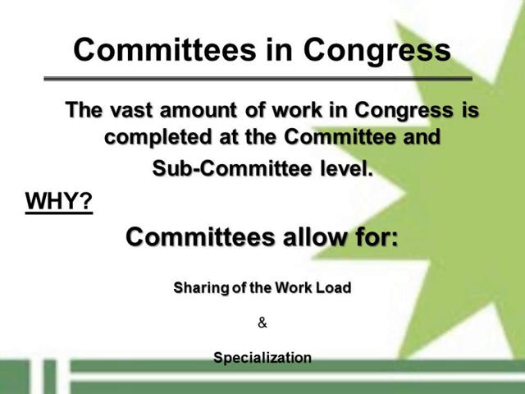The second thing that committees do is allow members of Congress to specialize. If I get elected to the House of Representatives or to the U.S. Senate, I'm being asked to vote on issues that deal with the whole country. When we passed the health care reform bill, every member of Congress, the House and the Senate, voted on that health care bill.